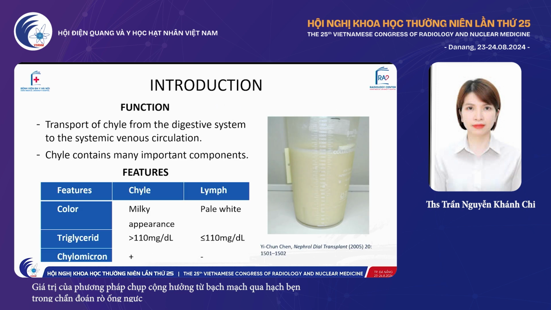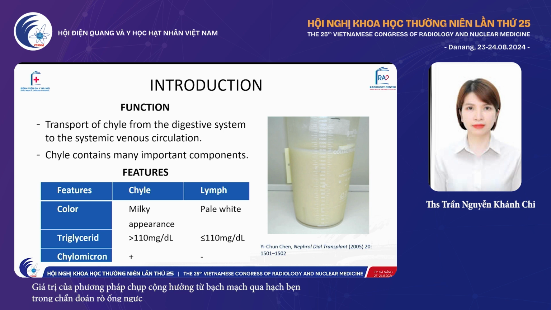The function of the thoracic duct is transportation of the chyle from the digestive system to the central circulation. It can carry up to 4 liters per day. Chyle contains many important components such as triglyceride, chylomicron, vitamin, albumin, or electrolytes.